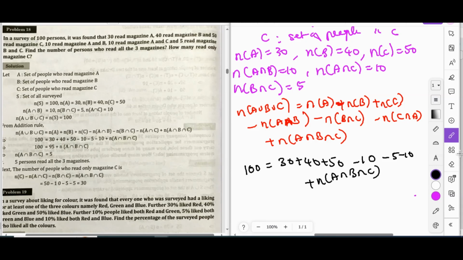So now that will be 100. Add these: 30 plus 40 is 70, plus 50 is 120, minus 25.